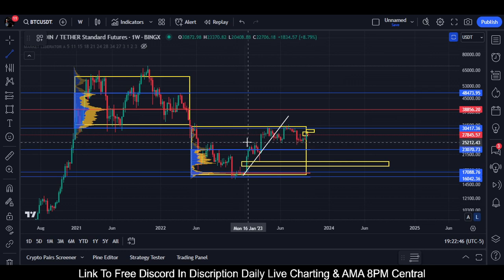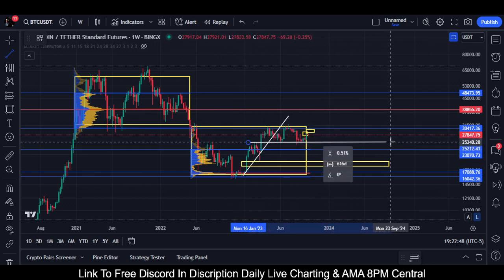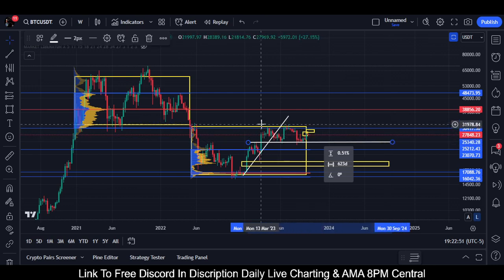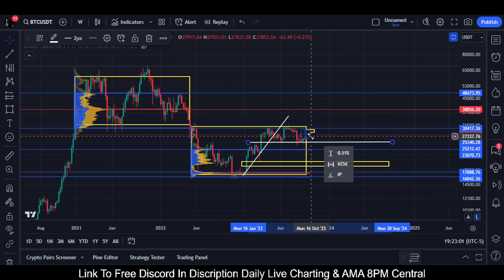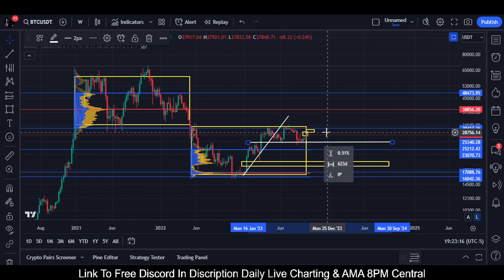These are our highs, and has price managed to close below here or get below this? No, it hasn't. Now if price does decide to come on down, our measured move is going to be to this value area high of our current range at about 23K, 23 to 23,250, and then we want price to come back up and reclaim this range and come on up and not come up and reject off of it.